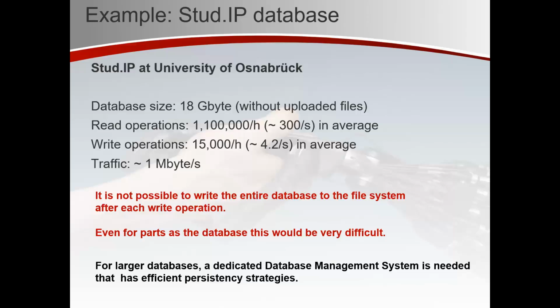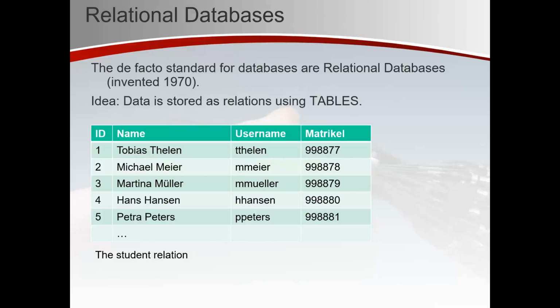So how to ensure that the data is persistent, that it's consistent, that can be queried quite fast, and so on. And the typical methodology that's in use for that is relational databases. Relational databases are kind of de facto standard for databases since they've been invented in 1970.